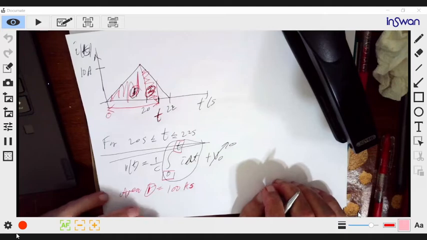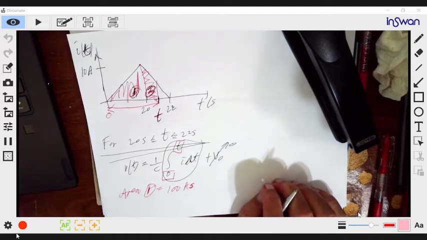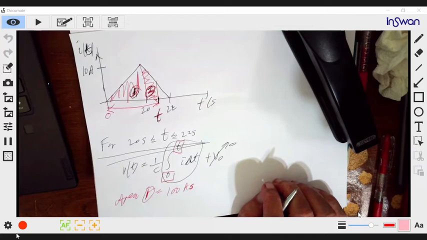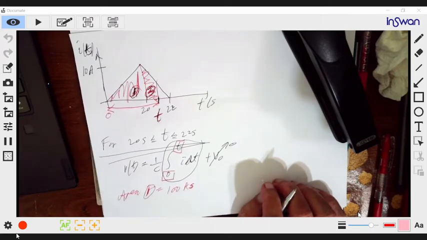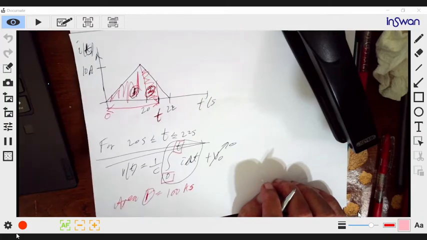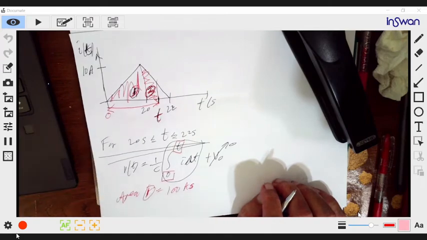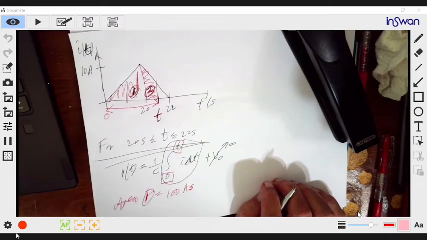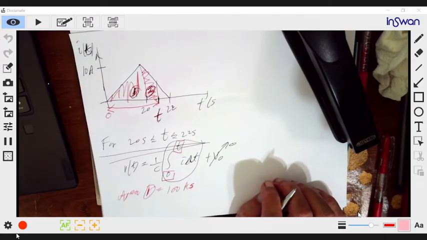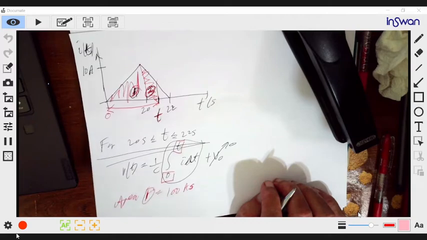What's area 2? The integral from 20 to t.